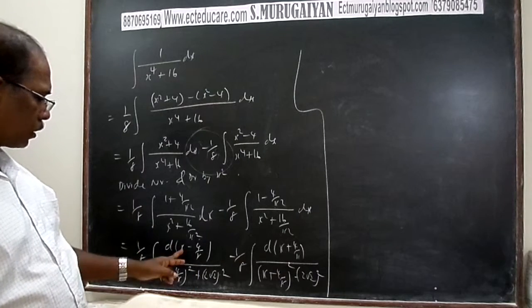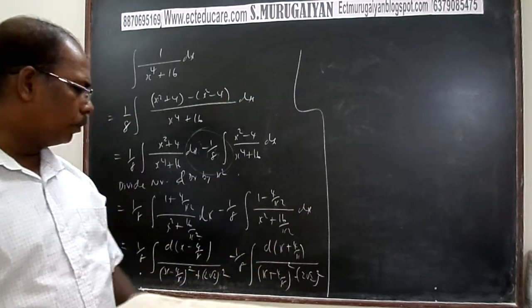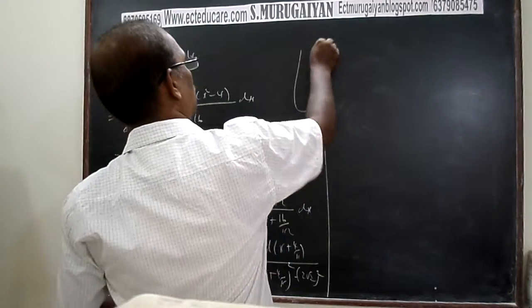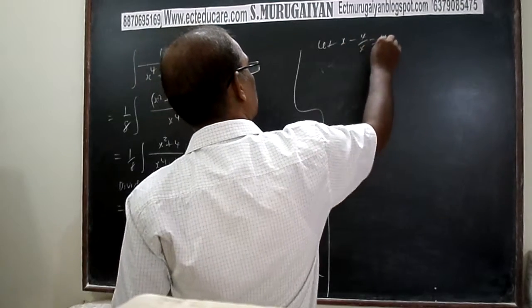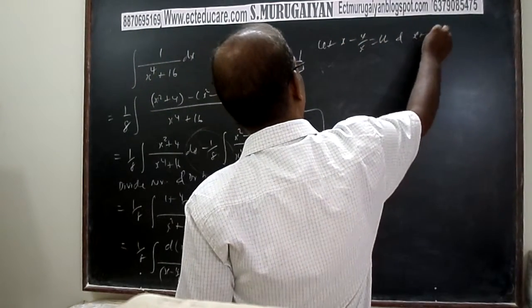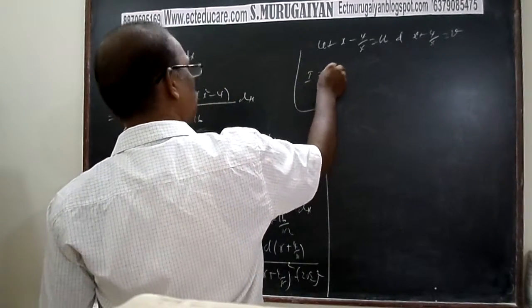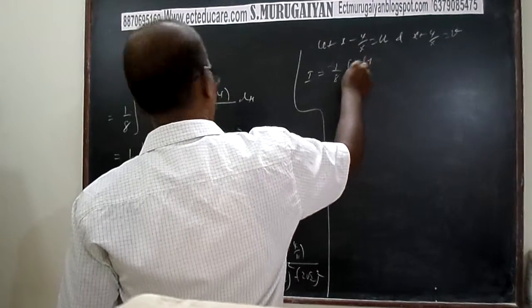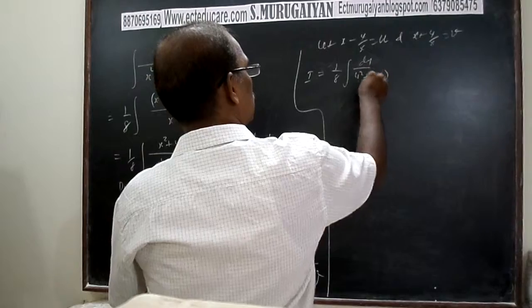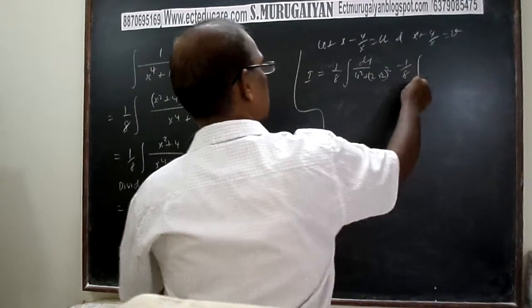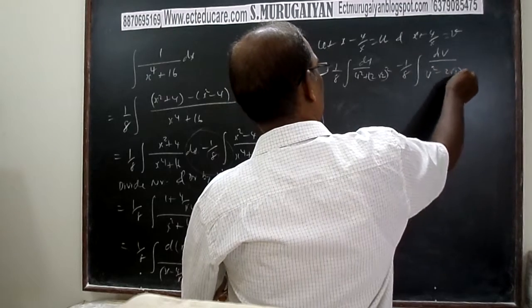In the first part, x minus 4 by x is u, and in the second term, x plus 4 by x is v. So let us take x minus 4 by x as u and x plus 4 by x as v. Then I equals 1 by 8, du by u square plus 2 root of 2 the whole square, minus 1 by 8, dv by v square minus 2 root of 2 the whole square.